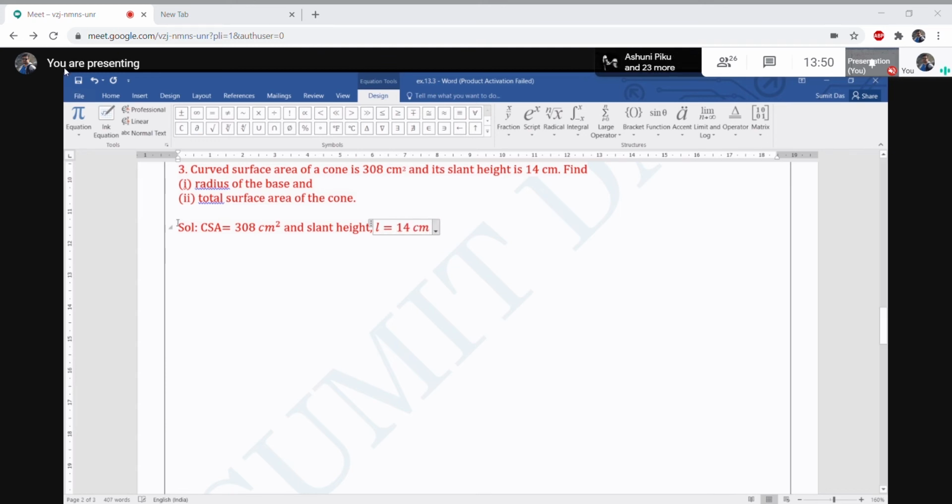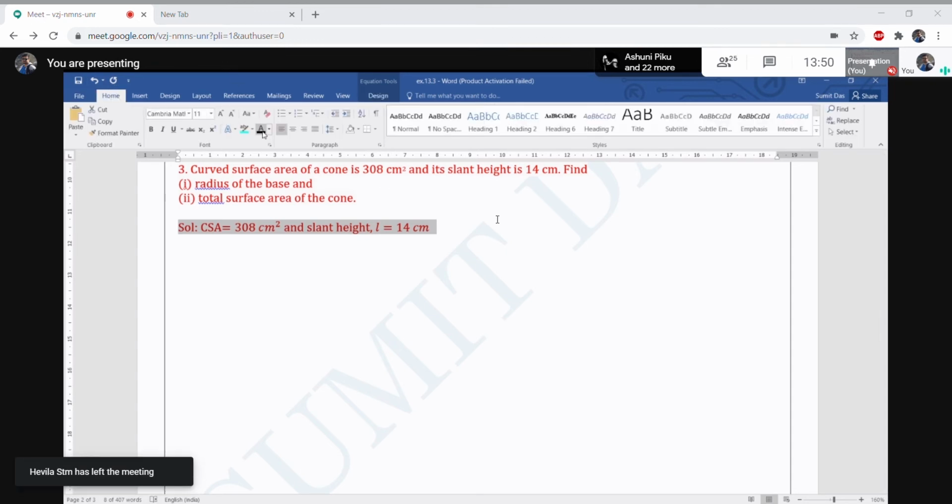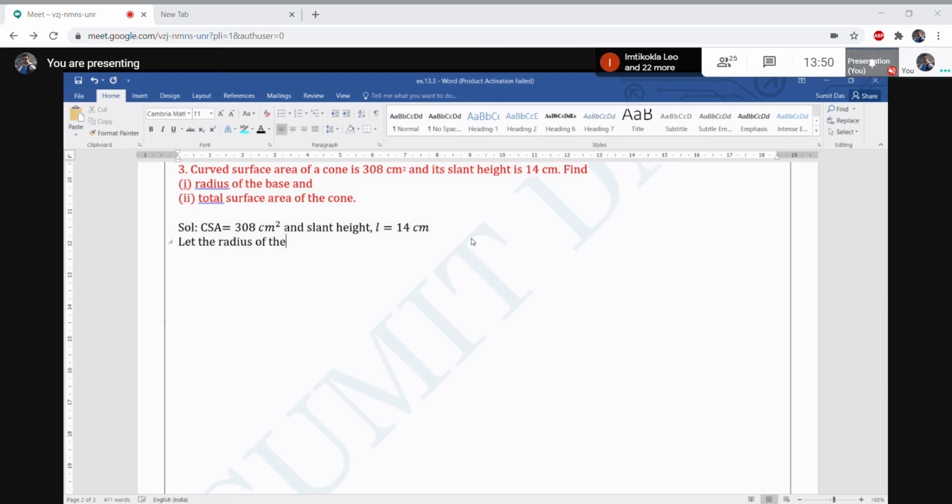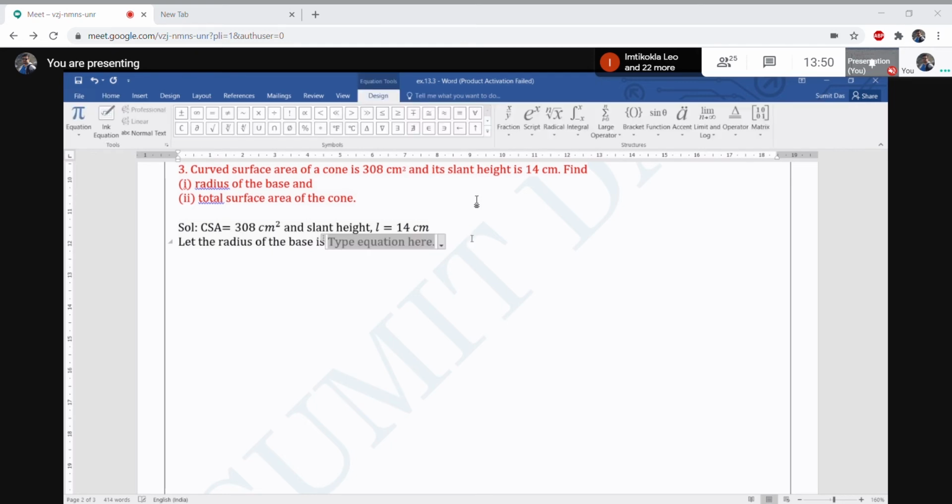From this much information, can I get the radius R, because pi RL is CSA, right? So you use the pi RL formula and then equate this to get the radius. Let the radius of the base be R centimeter.